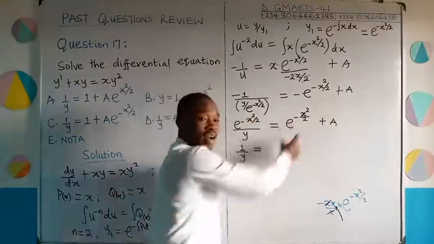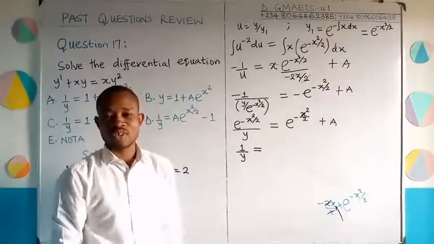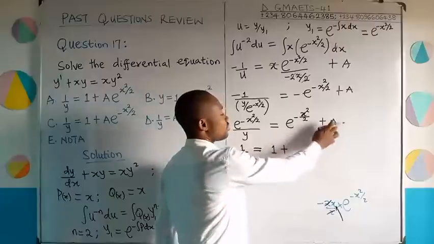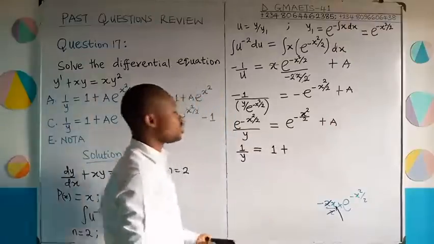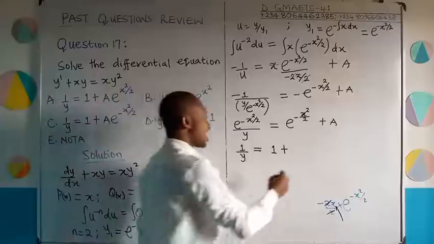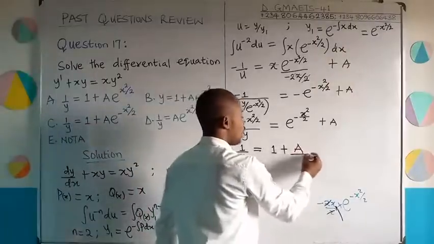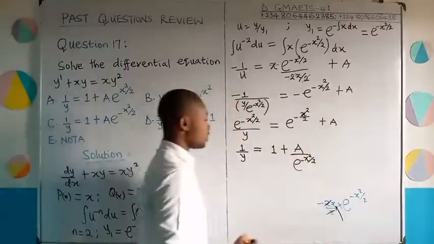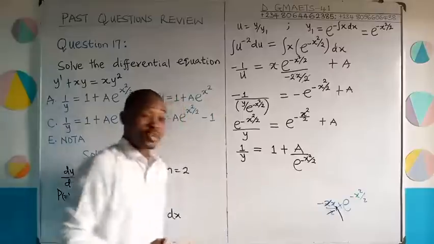It is the same term that you have here, exponential minus x squared over 2. So if it divides itself, you'll be left with 1 plus, come to this, divided by exponential minus x squared over 2, all over exponential minus x squared divided by 2. And I guess we are done.